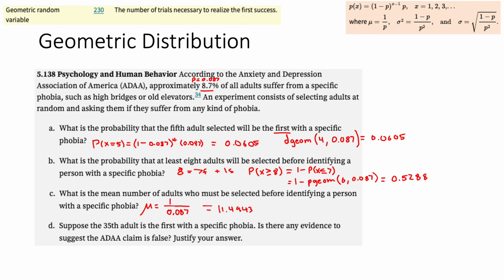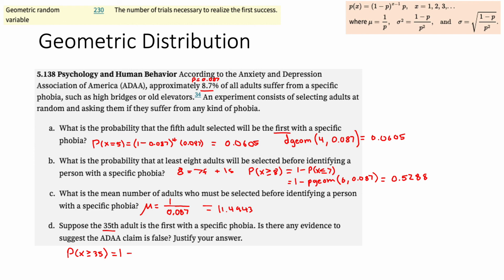Now, the textbook seems to like this style of question. I don't know if you really have the tools, again, like I said, to deal with it, but we know that 35 is significantly greater than 11.4943. And so we are going to calculate the probability that x is greater than or equal to 35. Again, this is really similar to what we did here. If we have 35 people sampled, that means we have 34 failures, so we need greater than or equal to 34 failures.